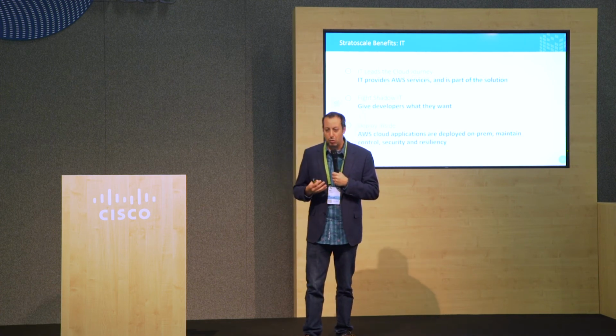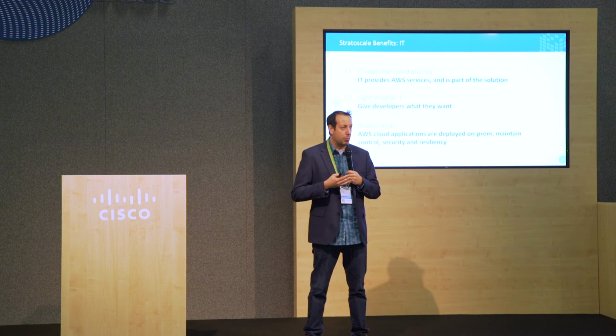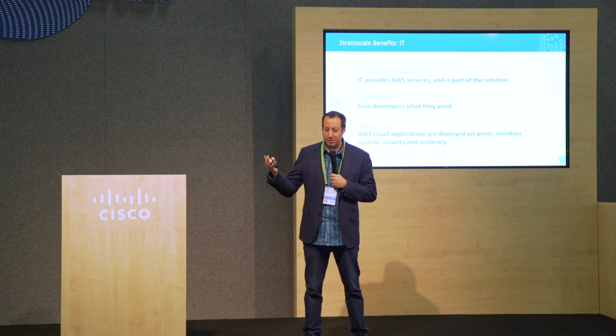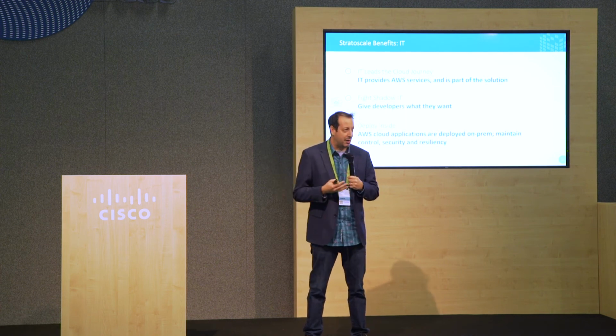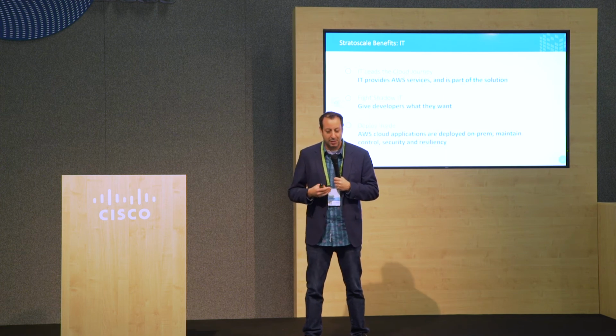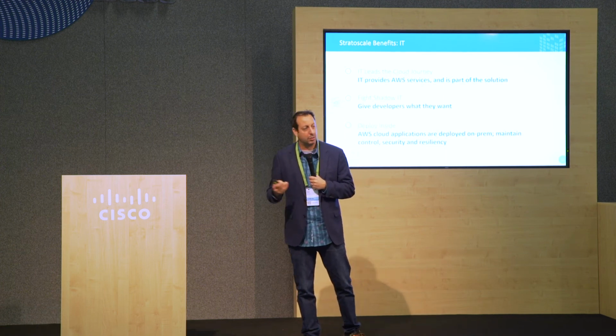By having two environments that are completely separate, the private environment behind the firewall, typically VMware-based, and the public cloud, whether Azure or AWS, you have two completely separate paradigms with no way to traverse between them. Creating the same environments inside and outside allows you to create full alignment, and that's what we're offering in Stratoscale.